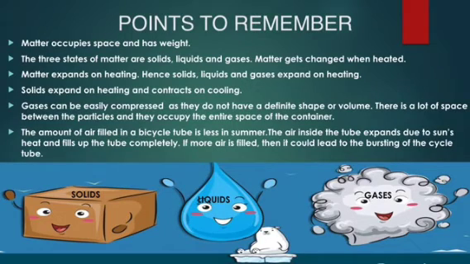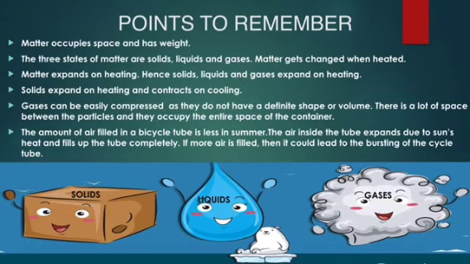Fourth one, solids expand on heating and contract on cooling. Fifth one, gases can be easily compressed as they do not have a definite shape or volume. There is a lot of space between the particles and they occupy the entire space of the container.